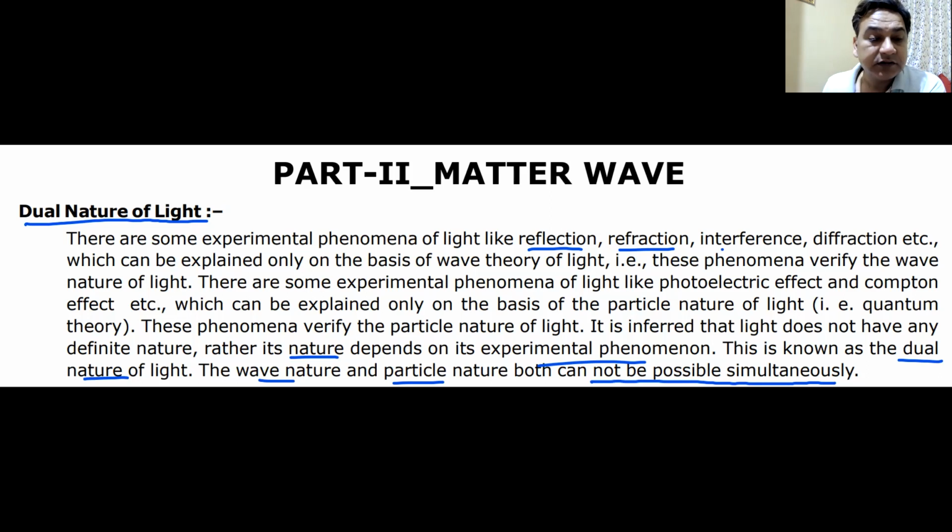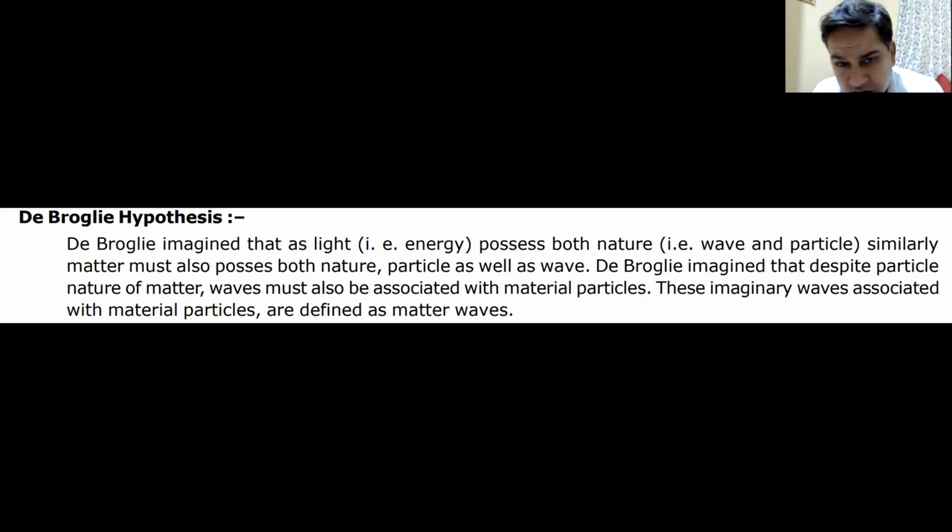That prompted one of the great scientists, De Broglie, to think on this and give a hypothesis known as the De Broglie hypothesis. What did he say? He imagined that if light, which is energy, possesses both natures, wave as well as particle, similarly any matter must also possess both natures.